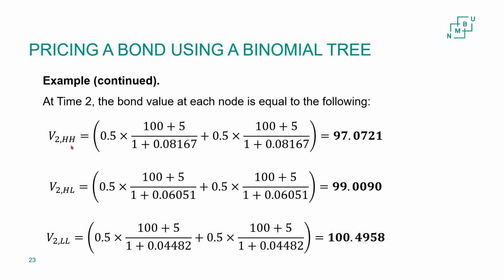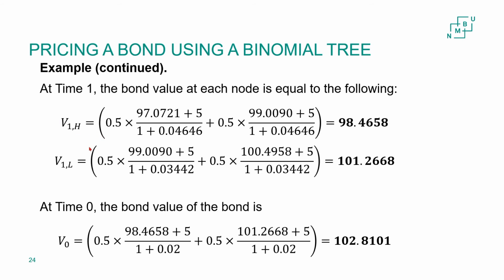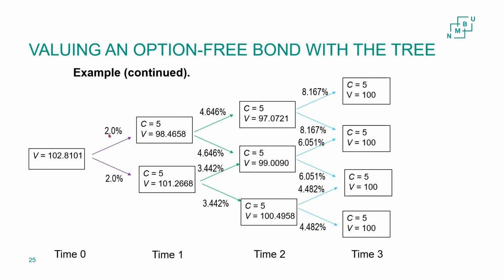Okay? And what we do is that we can see here, if we have the whole tree, now we started over here. Okay? The first interest rate is 2%, then it went up.